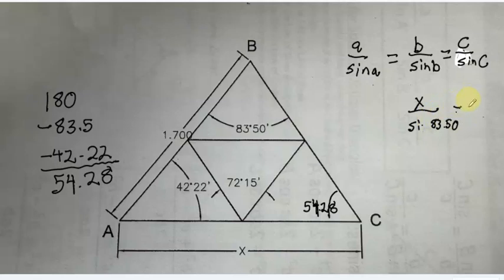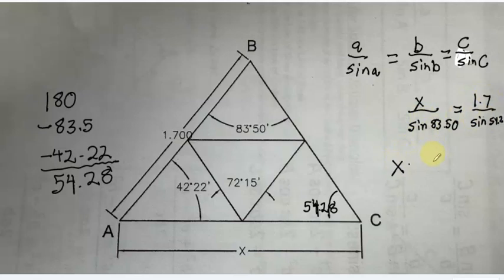All right, equals C, okay, which is 1.7 over the sine of 54.28. Okay, and I'm running out of space there, but we'll see it play out. Okay, sine. So now just cross multiply and divide.